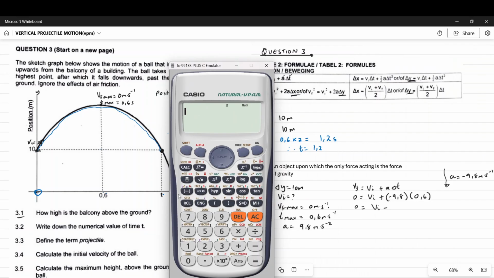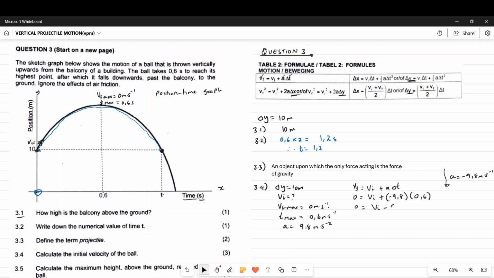So now we have negative 9,8 times 0,6, and that is going to give us negative 5,88. Then we transpose this side, and it becomes positive. So v initial is equal to 5,88 meters per second.